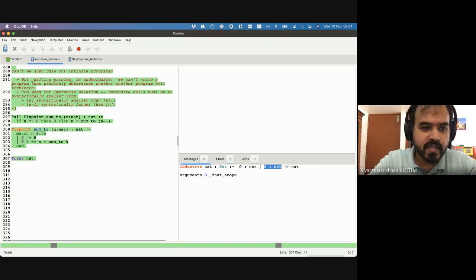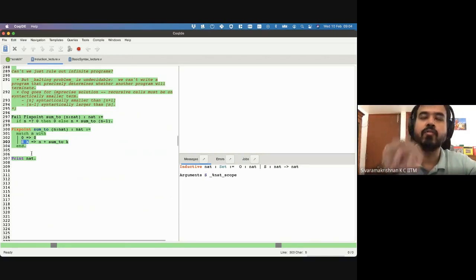And what that means is that by construction, because we are only allowed to construct inductive types that way, we know n is structurally larger than k, because k happens to be a subterm of n.